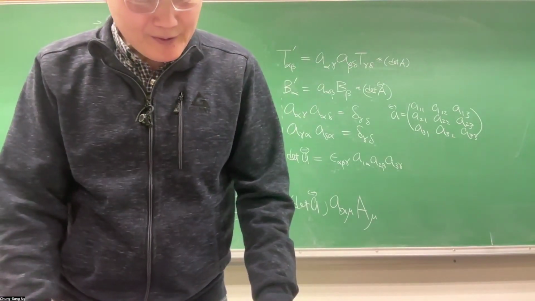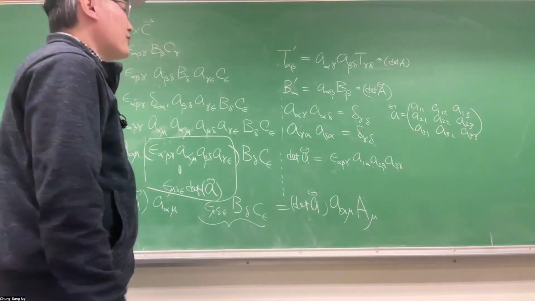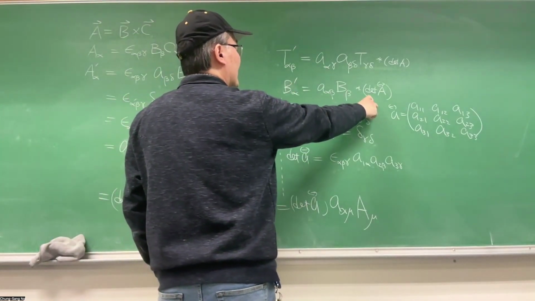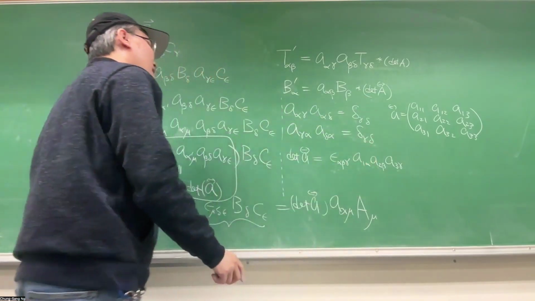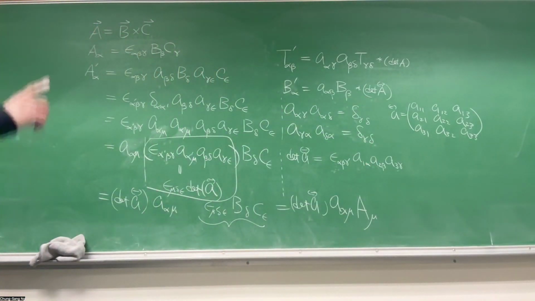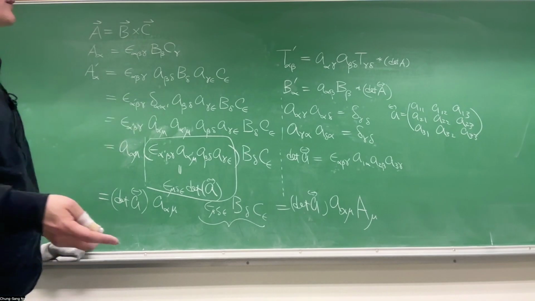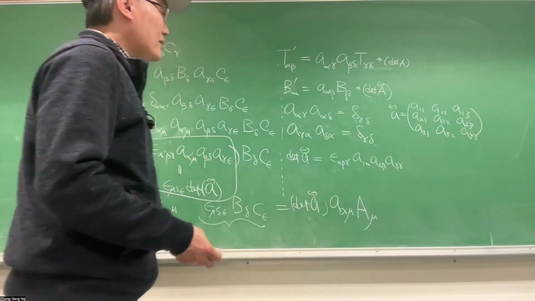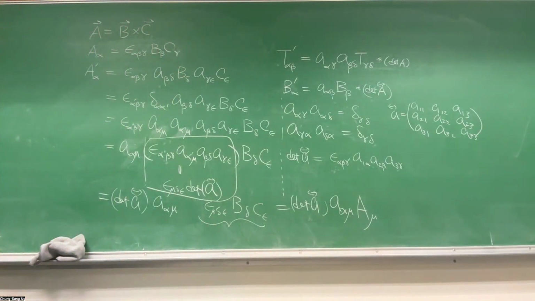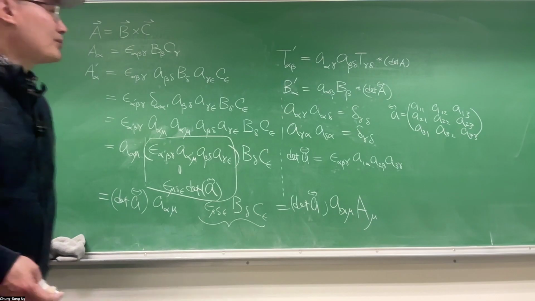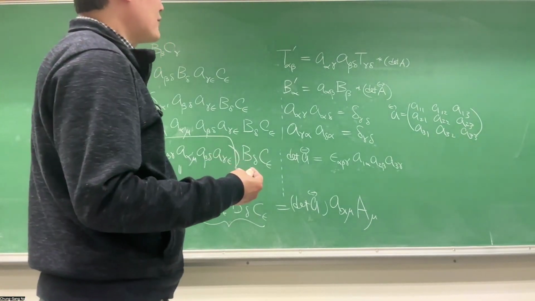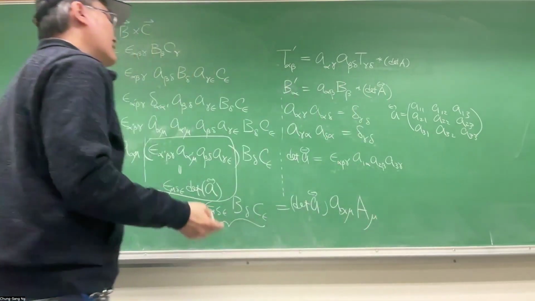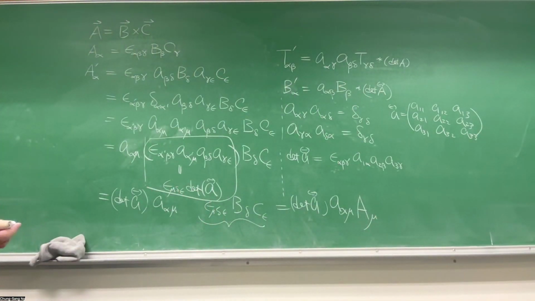Okay, and so that is the difference in transformation. Originally you don't have this determinant A. So if determinant A is always 1, you always consider just rotation, then the vector and pseudo vector don't matter. Everything transforms the same. You can say they are the same object, but if you include improper rotation or spatial inversion, then vector and pseudo vector transform differently.